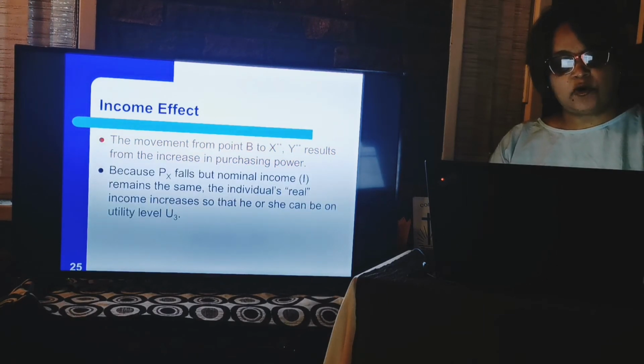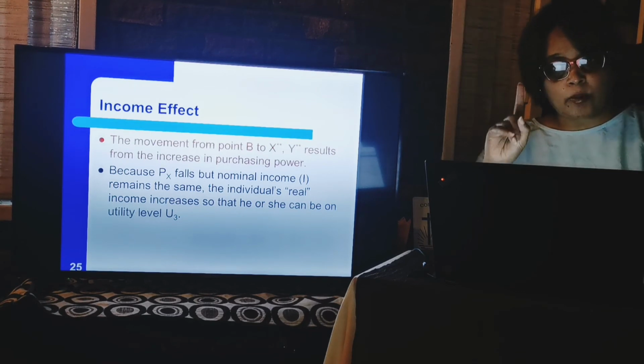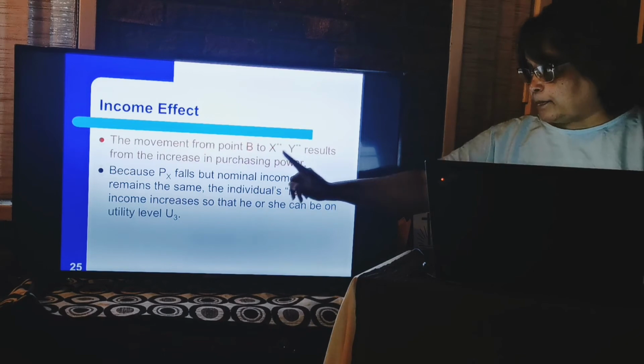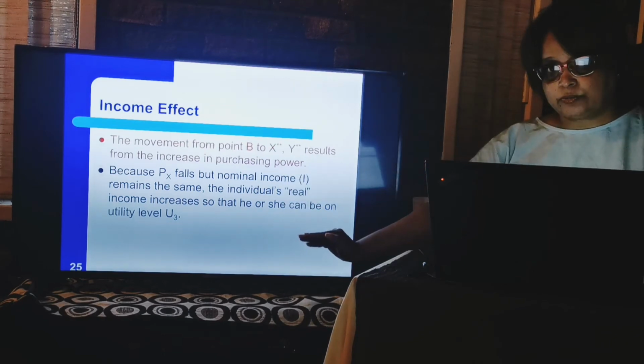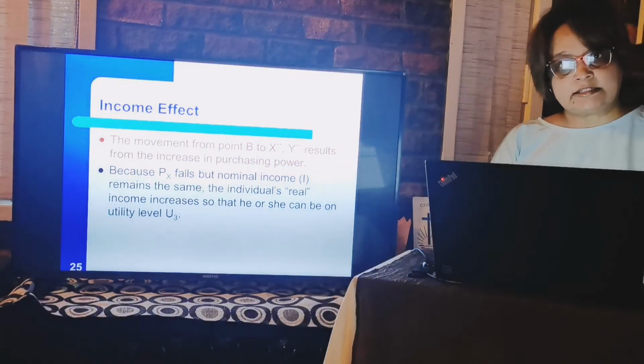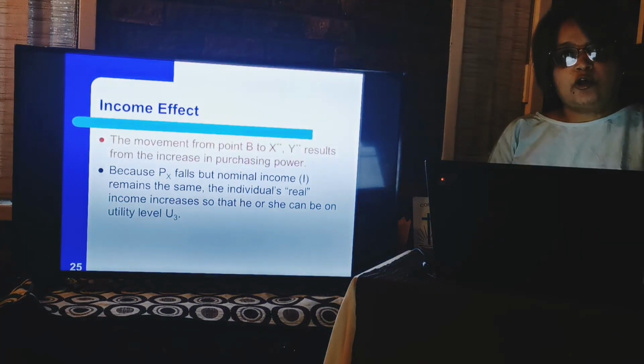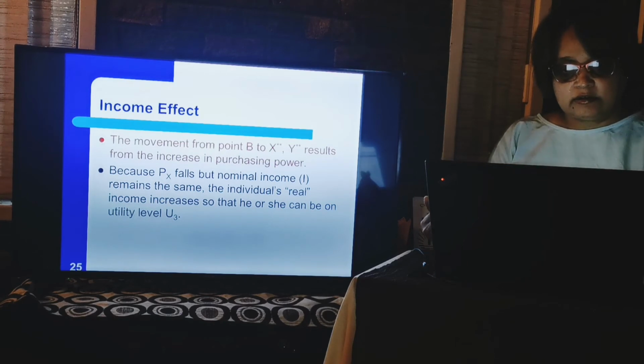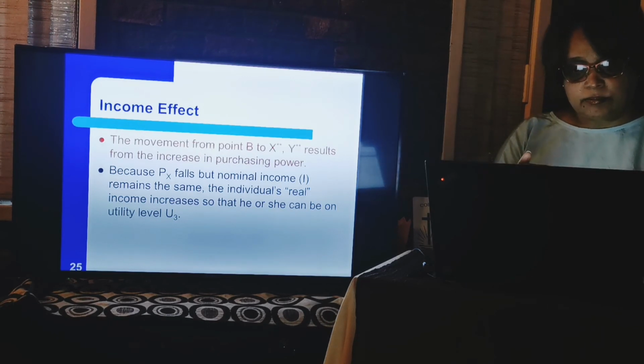Because price of X falls but nominal income remains the same, the individual's real income increases. Because now the prices drop, the demand will also drop, because the income remained the same.